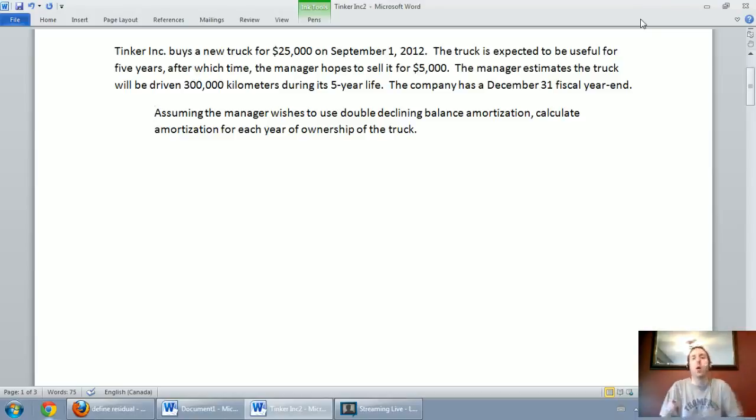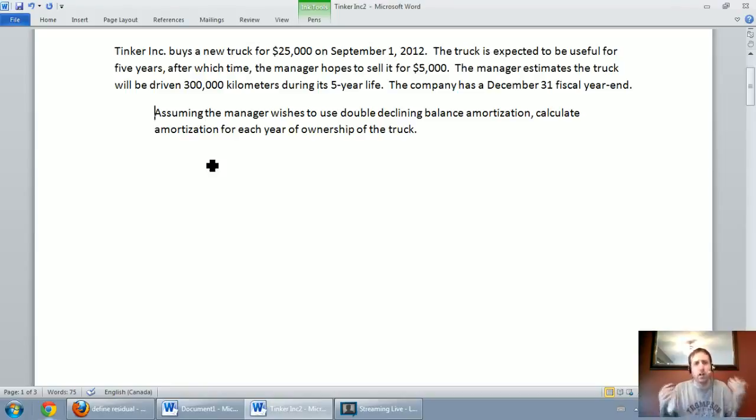Okay. So when we did straight line and units of production, we had to calculate the amortizable cost. When we do double declining balance, that's not going to be the starting point of our question. The starting point of our question is actually to calculate a percentage, and it's based on straight line amortization.